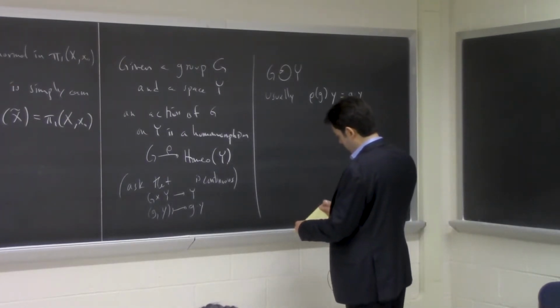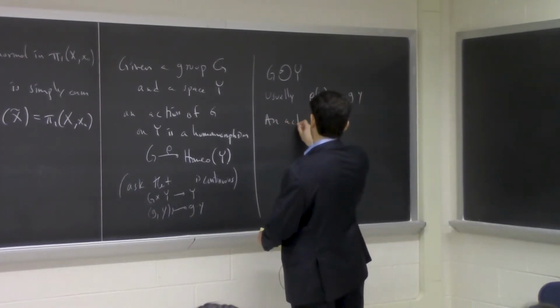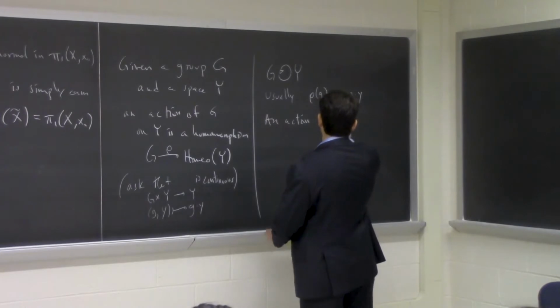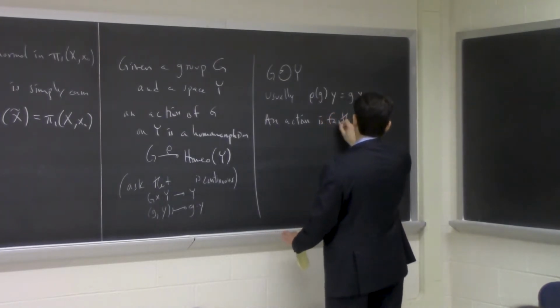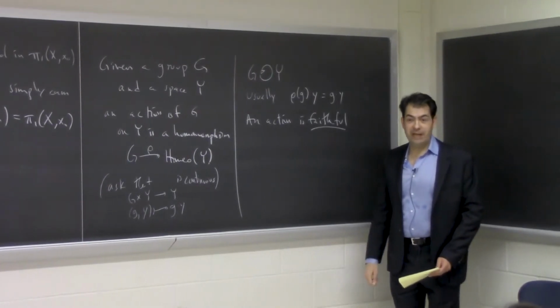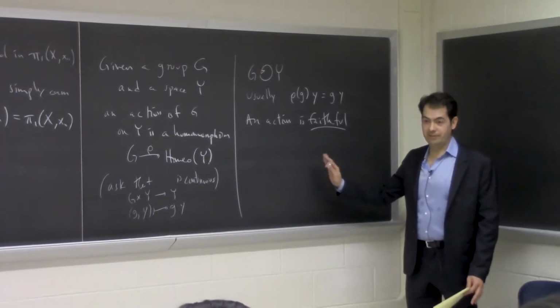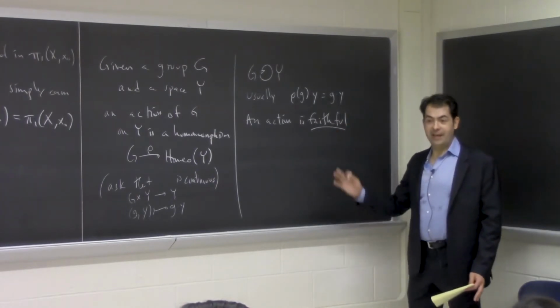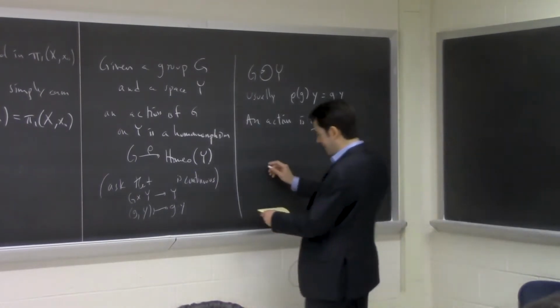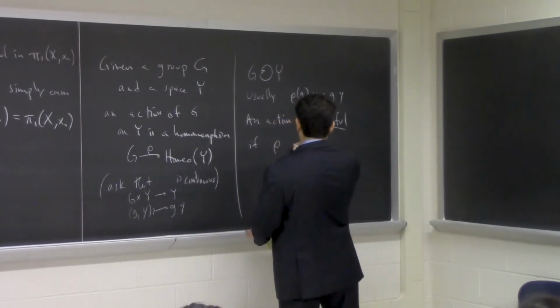Okay, so an action is faithful. Right, so I'm going to give you a couple vocabulary words just for general culture. You should know these words. But actually, we don't care about them. We're going to use the third property that I'll list. But it's good to know. An action is faithful if rho is injective.